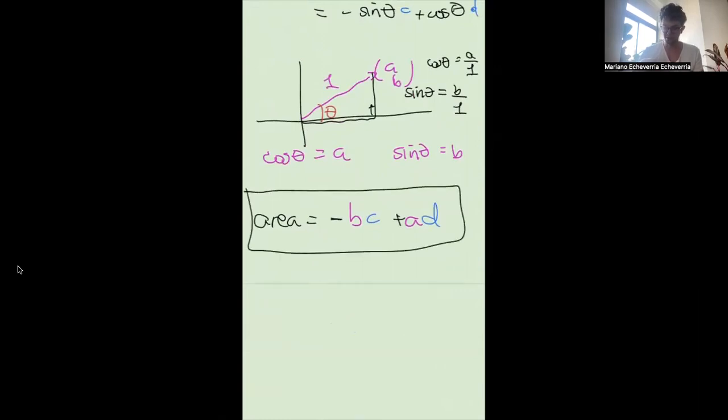So that means that the determinant of AB, CD, if you look at this formula, is A times D minus B times C. And that's the formula that, if you have seen this before, you are usually given, but this is one way to get it.